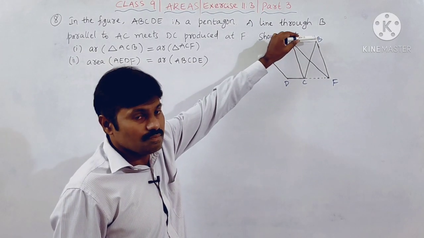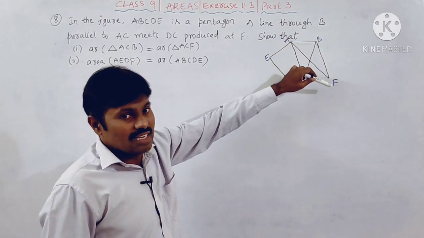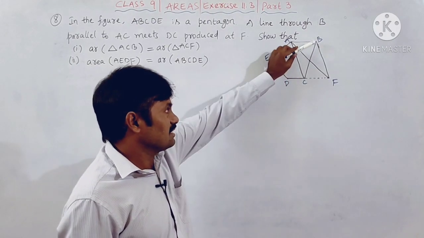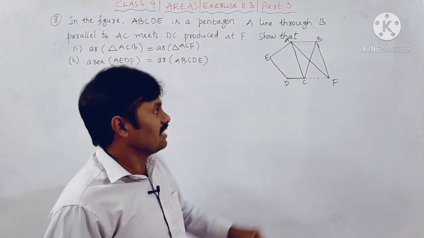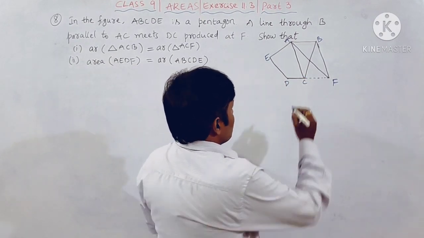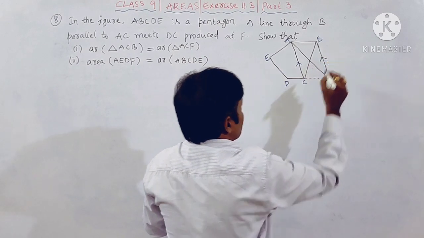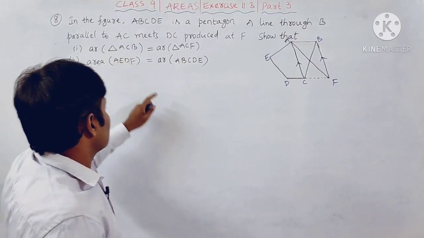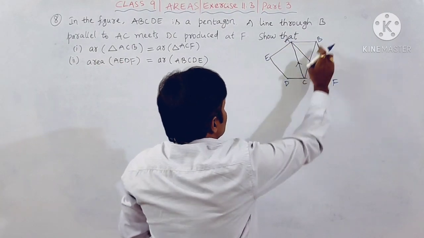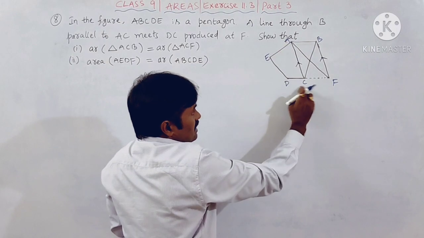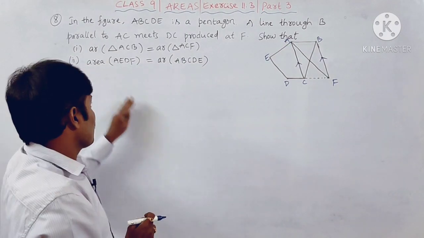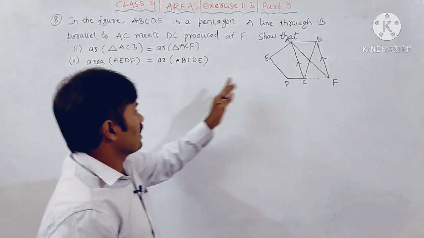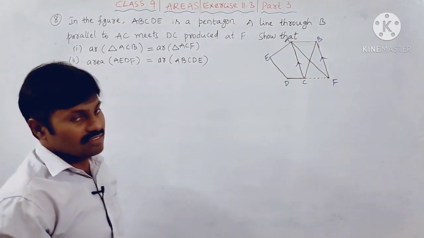The line passing through B is meeting the extended DC at F. That means AC and FB are parallel to each other according to the given information. Then you have to show that area of triangle ACB and area of triangle ACF are equal, and also the area of AEDF is equal to the area of ABCDE.